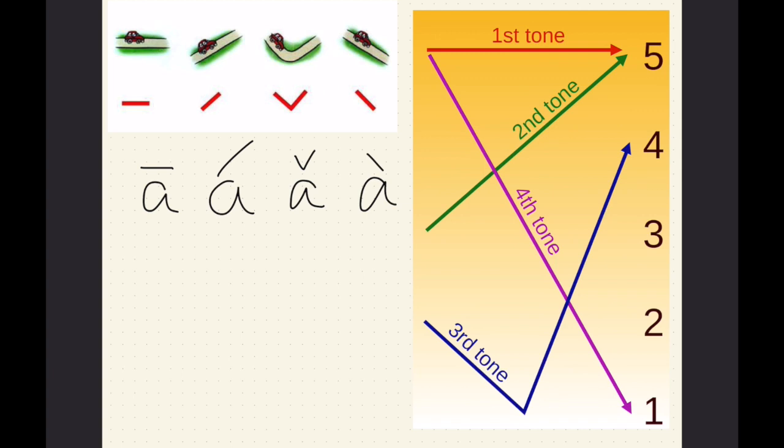Most modern Chinese words are monosyllabic, meaning that almost all of the Chinese words have one syllable. It is precisely because of the tonal system that one single syllable can express different meanings. That is how Chinese uses the minimum amount of syllables to express the maximum amount of meanings.